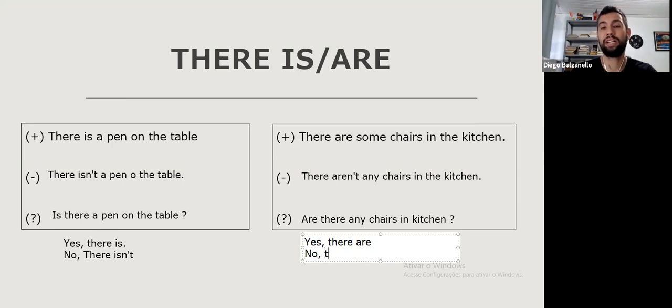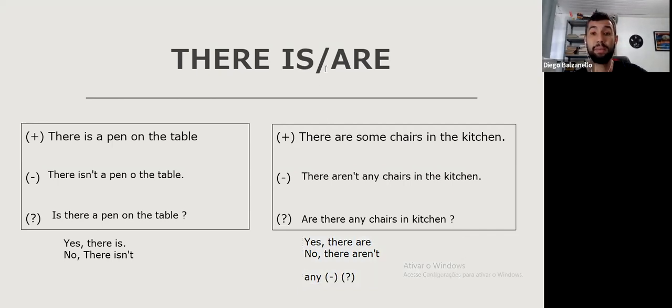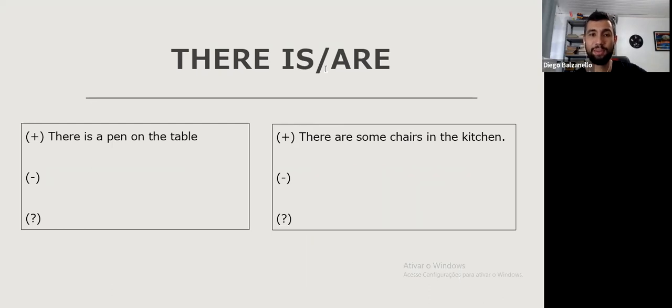Are there any chairs in the kitchen? No, there aren't. Notice here that I used any for negative and any for interrogative. This is extremely important to keep this in mind. Any questions here? Let's move on.